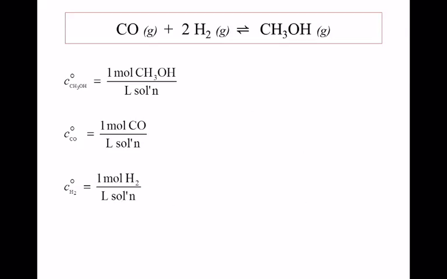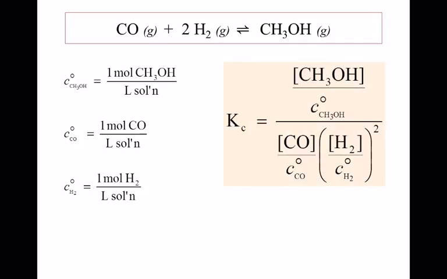Basically, we think of those molar concentrations as being divided by a standard amount, which is the same species, 1 mole per liter. It looks like this. For this example, we have 2 reactants and 1 product.